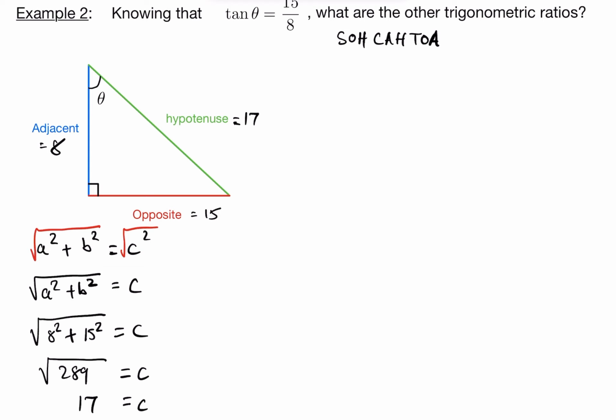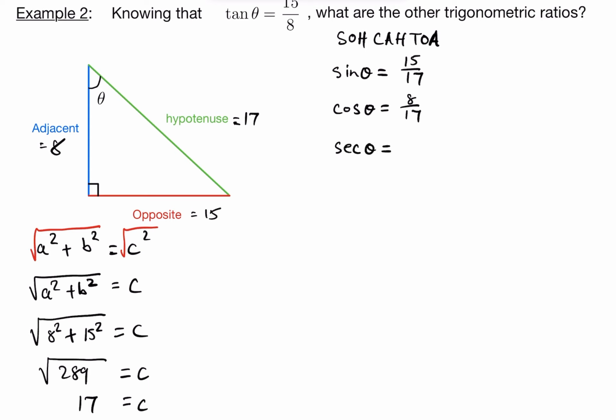We can now solve the ratios of the remaining 5 trigonometric functions. Okay, so let's go ahead and start with sine. Sine of theta is going to be opposite over hypotenuse, so that's going to be 15 over 17. The cosine of theta is going to be adjacent over hypotenuse. We already have tangent, so we don't need to write that down. We can go to secant of theta.